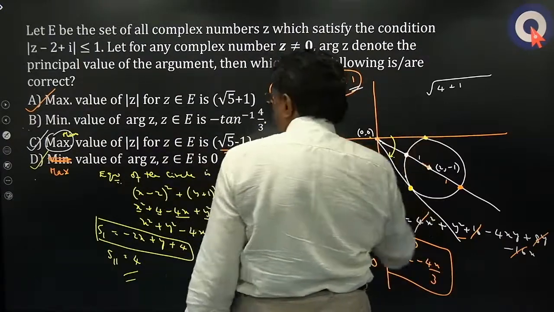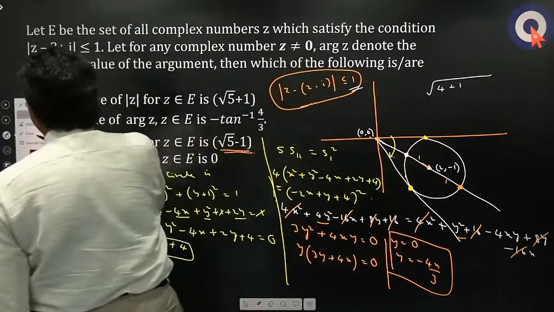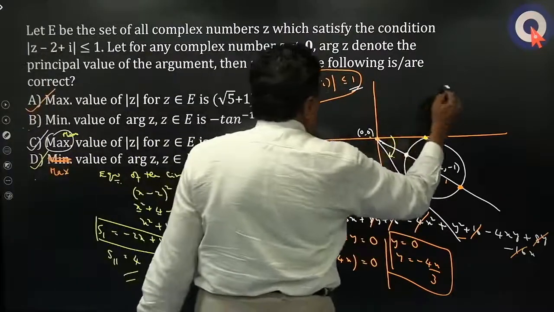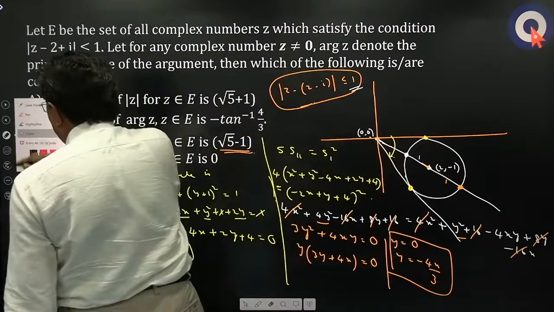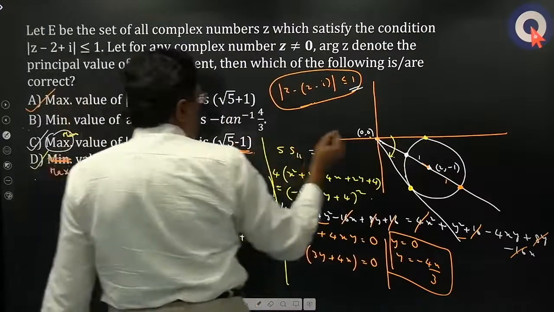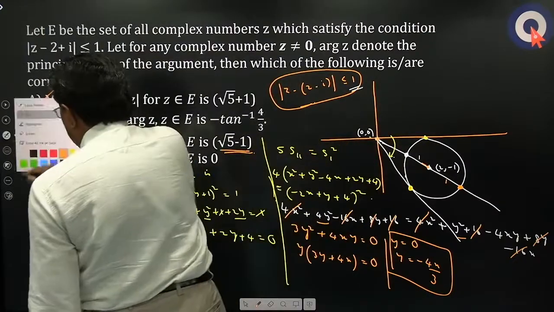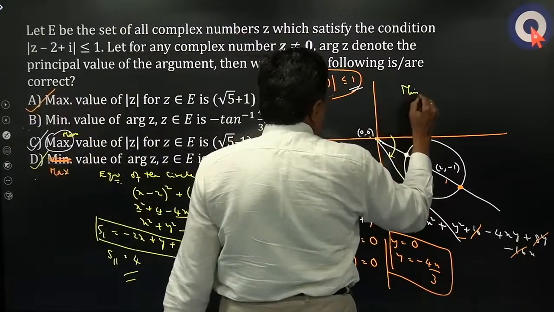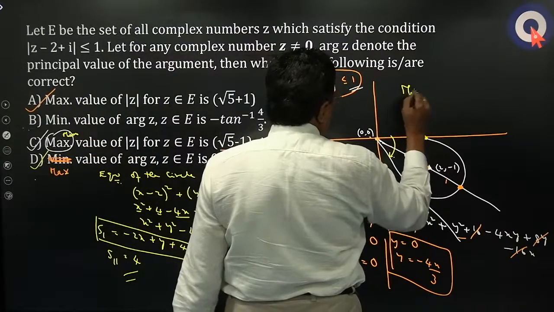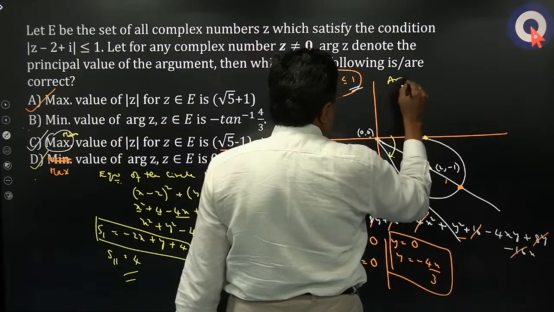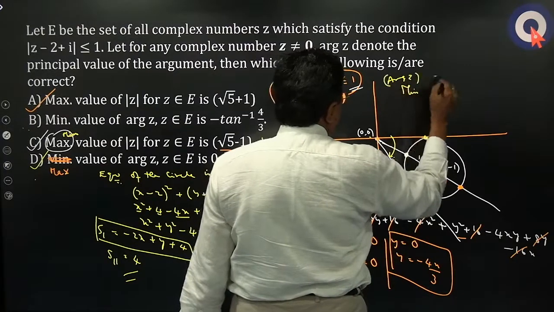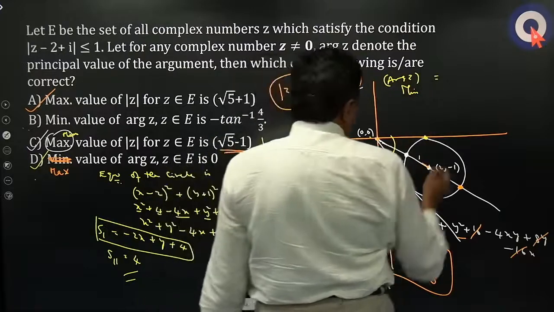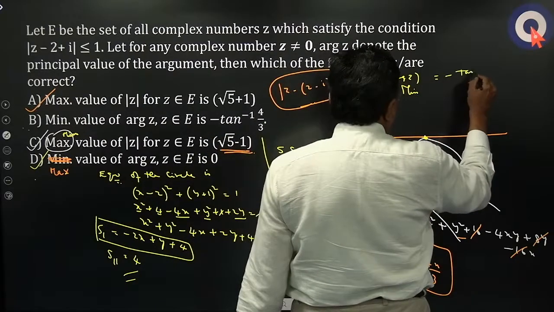So arg Z minimum will be minus tan inverse 4 by 3, right?